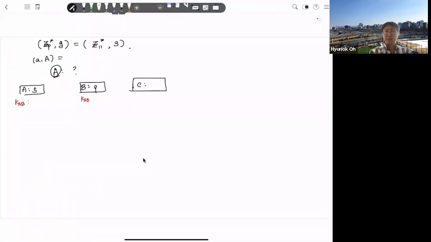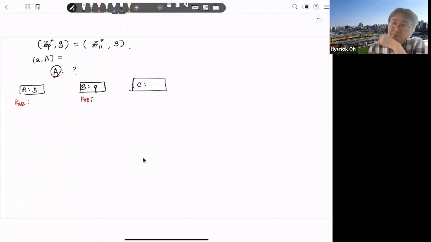So we don't know what the key value is. Okay, so what's the key?